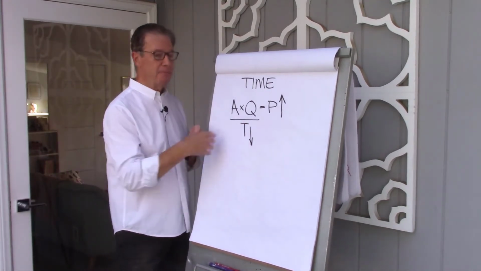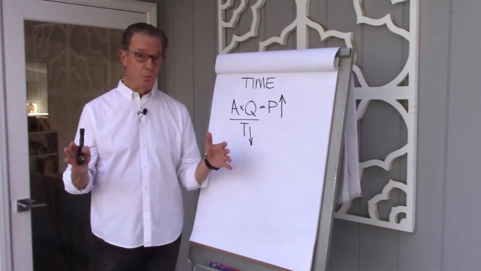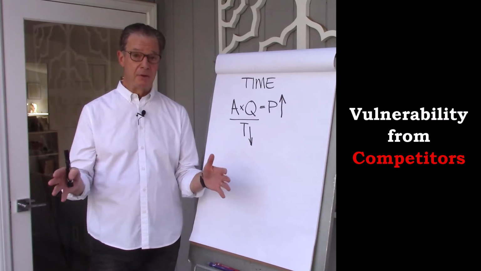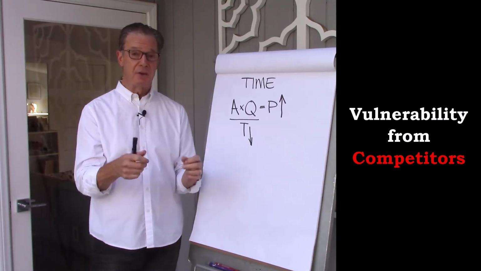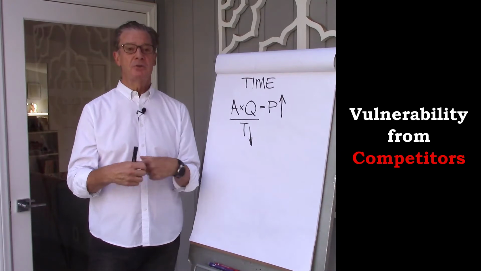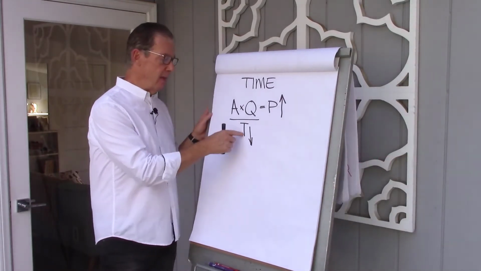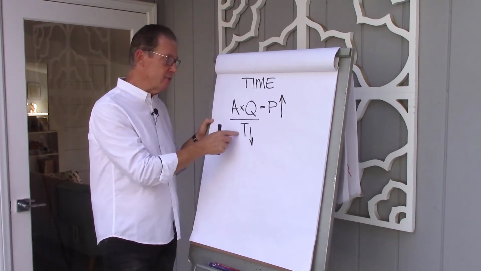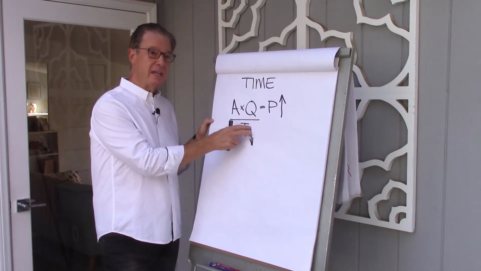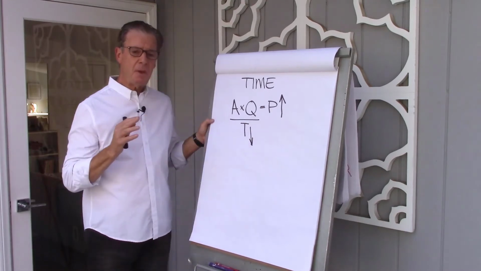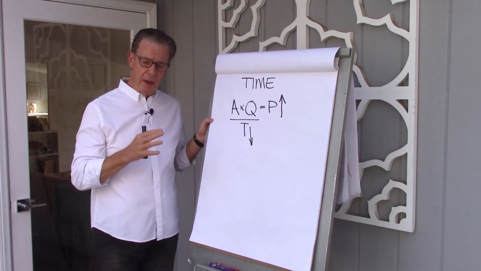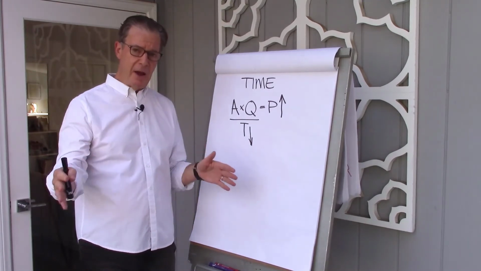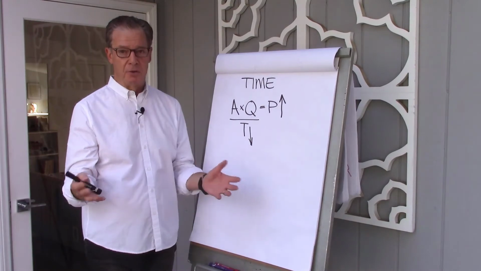With respect to time, there are other reasons to want to compress the cycle, not the least of which is vulnerability from competitors coming in to snatch the deal during that quiet time. So I'm not saying that compressing cycle time doesn't matter. It does in terms of efficiency, total time invested. But the other reason to do that is to get it off the table, because as long as it's out there, you're vulnerable.